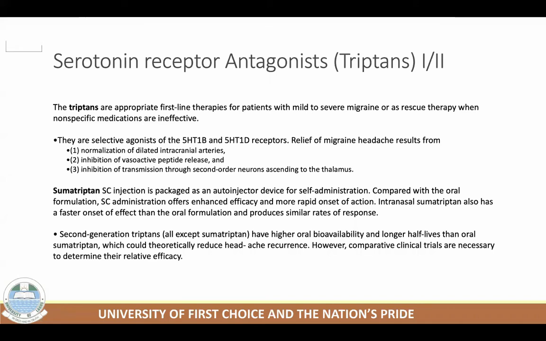analgesics. They are selective agonists of the 5-HT1B and 5-HT1D receptors. Relief of migraine headache results from normalization of dilated intracranial arteries. Remember that we mentioned that when migraines are forming, the arteries in the brain are dilated, right? So this normalizes that and reduces them, that constricts them.